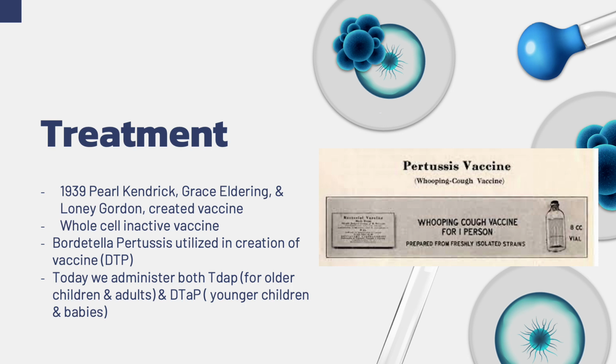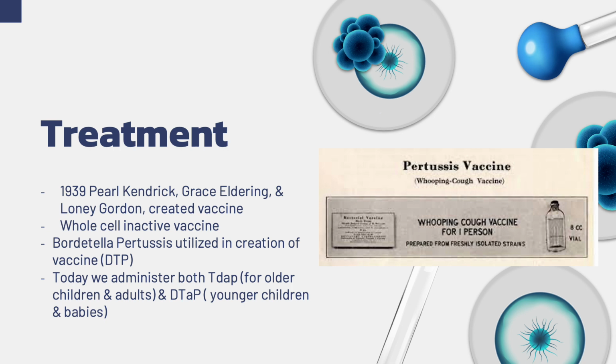They created a whole-cell inactivated vaccine, which means they utilized dead cells of Bordetella pertussis, diphtheria, and tetanus, which allows for all of the diseases that were happening at that time to be prevented, but also allows our immune system to learn how to fight that illness.